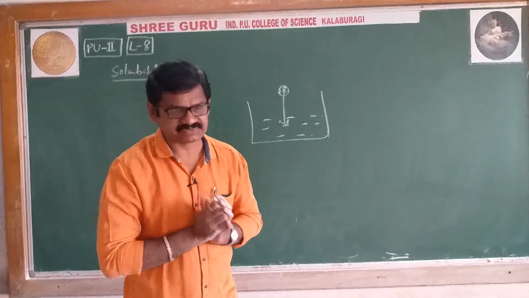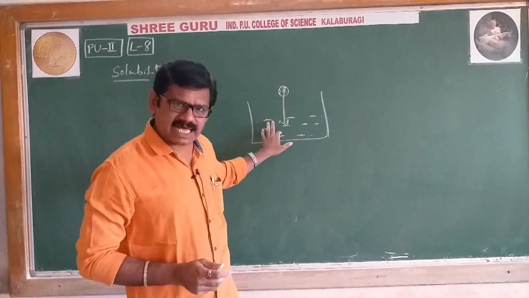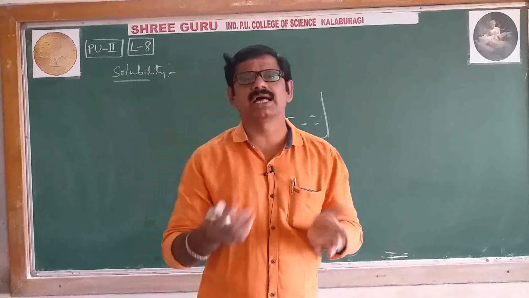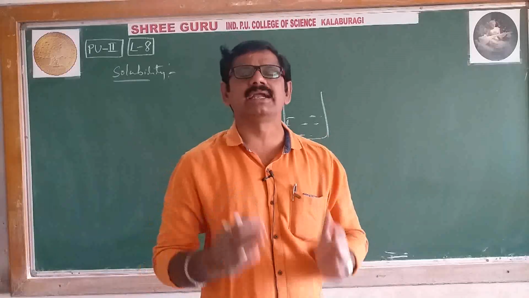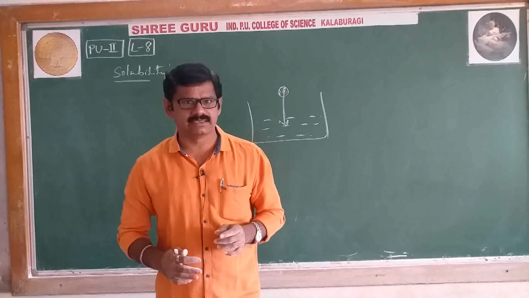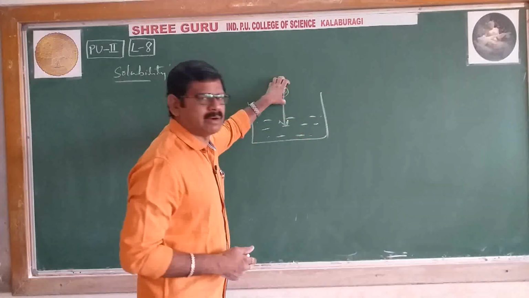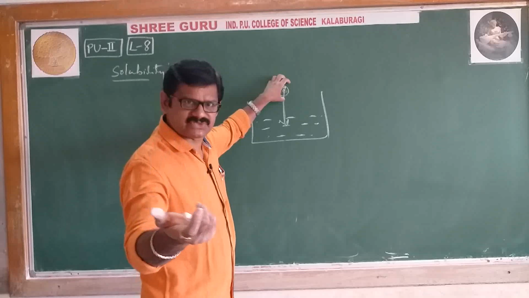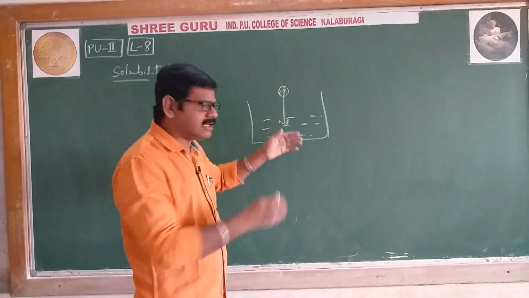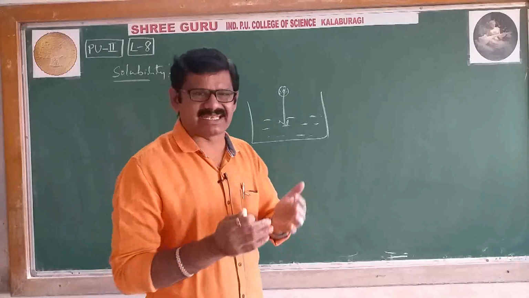I'll repeat, the maximum amount of solute that can be dissolved in a specific amount of solvent at a particular temperature is called solubility. First we have to understand what is solubility. Maximum amount of solute that can be dissolved in a specified amount of solvent at a given temperature is called solubility.